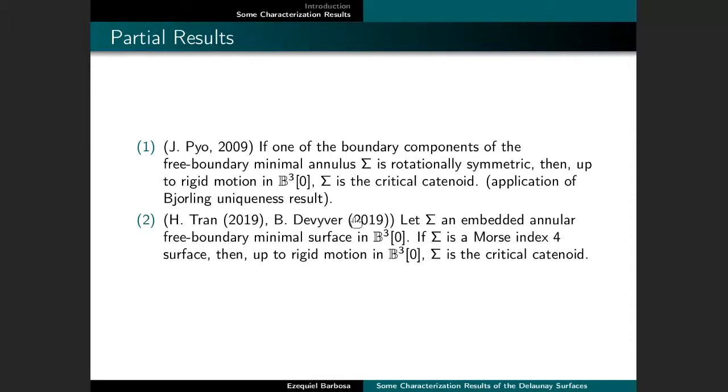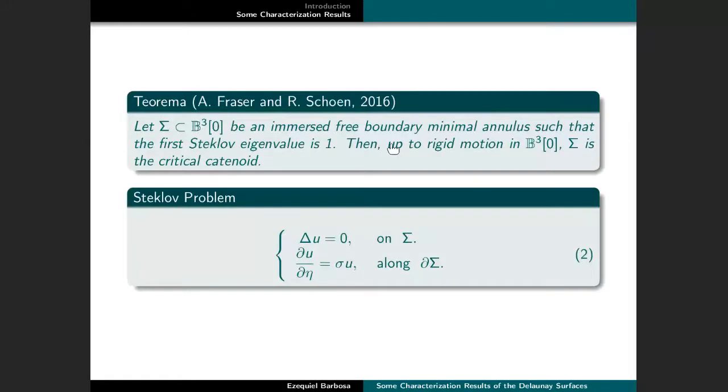These two results are very interesting because they use the very important result proved by Fraser and Schoen, that is this one, an immersed free boundary minimal annulus. Actually not just for annular, the number one is the eigenvalue of the Steklov problem.